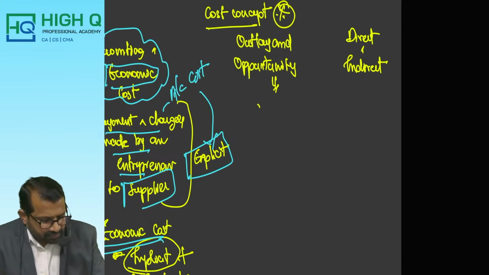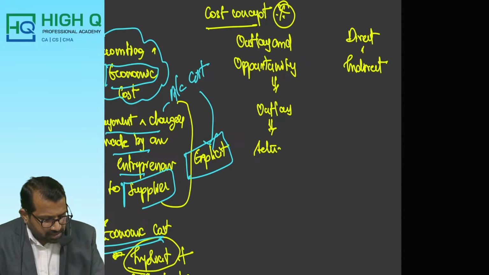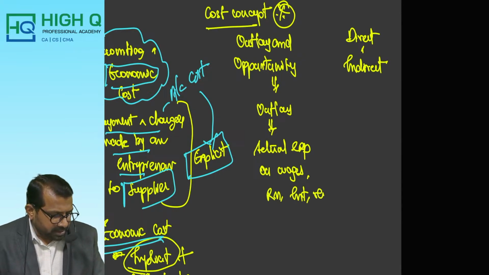Then the next one is outlay and opportunity cost. Outlay cost means actual expenditure on wages, raw material, interest, rent.